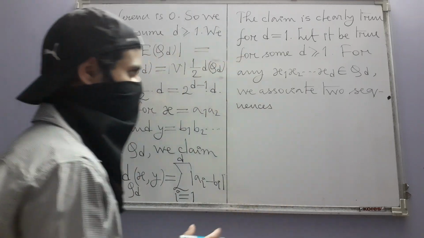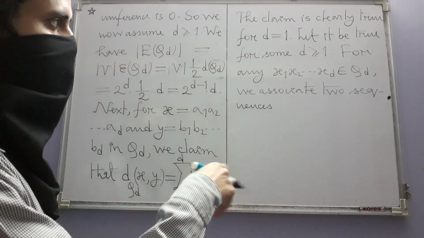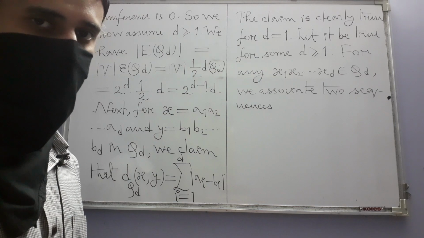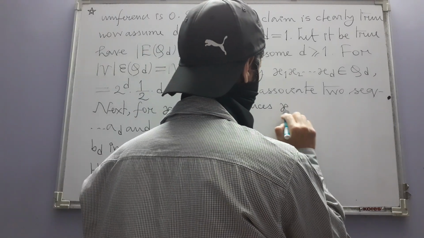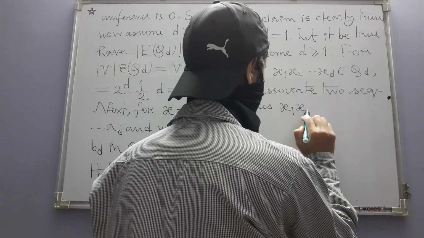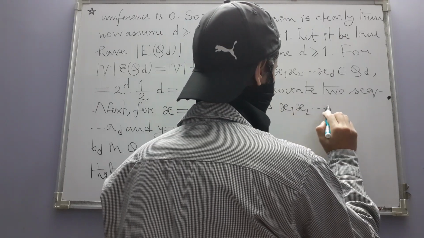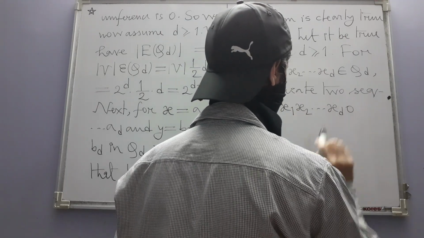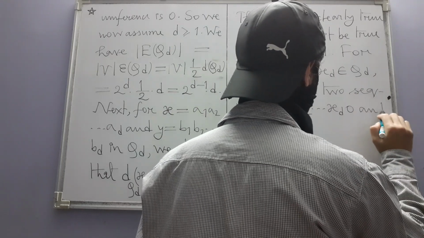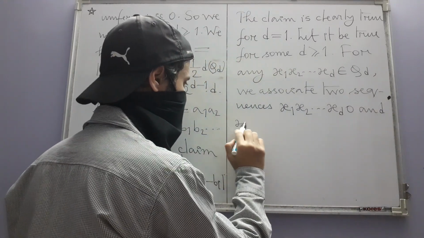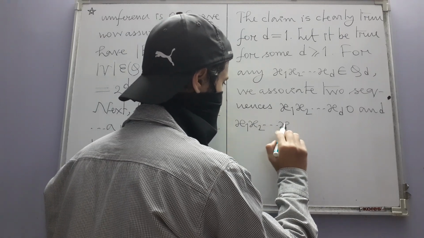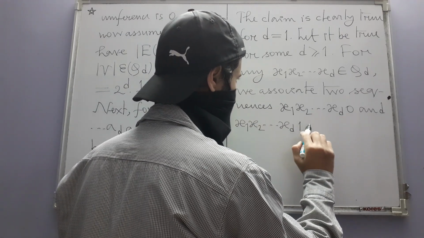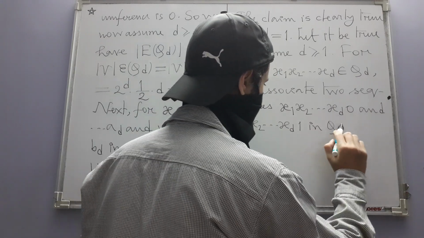That is, two sequences means one which has an extra 0 at the end and the other which has an extra 1 at the end, in Qd plus 1.